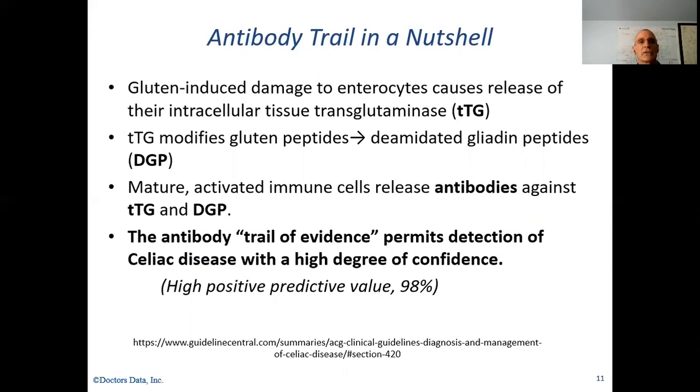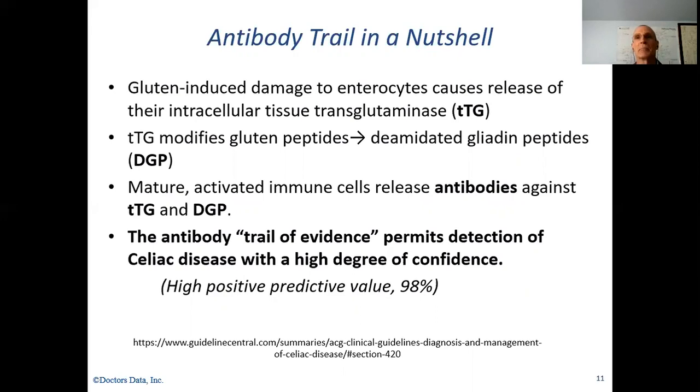Now, first, we have gliadin, gluten-induced increased permeability, breakdown of the tight junctions. That permits the influx of the gluten particles, if you will, or gliadin molecules to come in through paracellular transport. Now, that gluten fragments or gliadin causes an immune response by the lymphocytes underneath the enterocytes such that they attack the enterocytes.